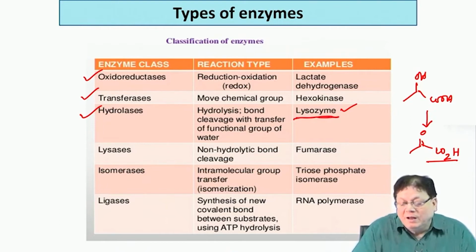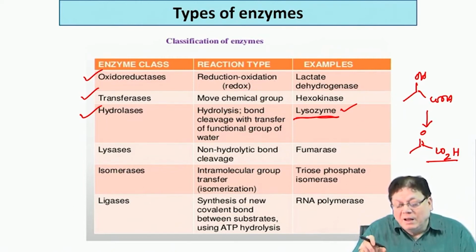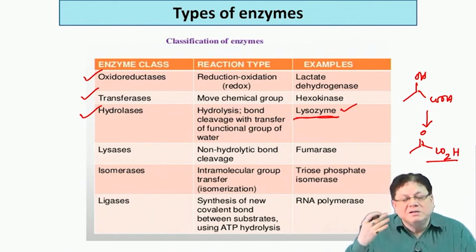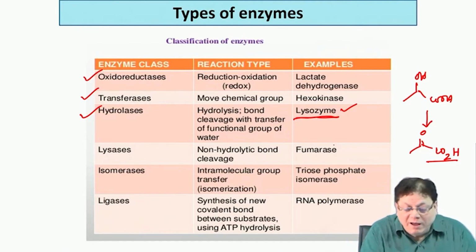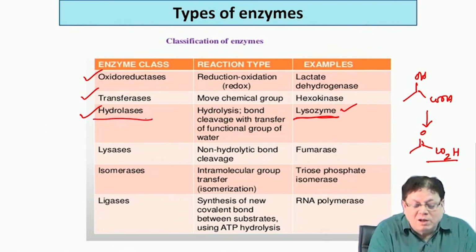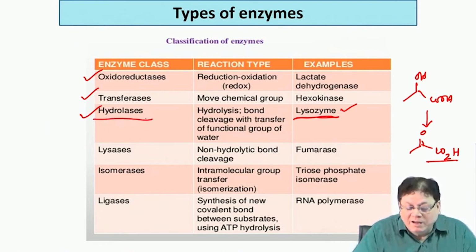Lysozyme is present in our tears, and it is an enzyme which breaks the peptide bonds of proteins. This lysozyme gives us very good antibacterial activity in the tears, in the water that is constantly washing our eyes. But anyway, hydrolases are ones which break a bond by water.